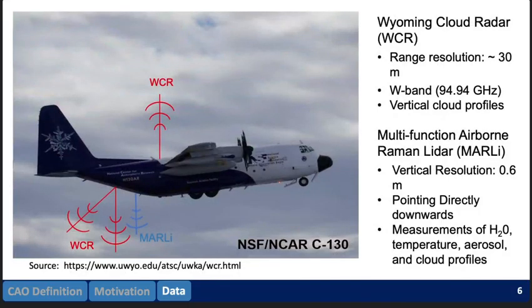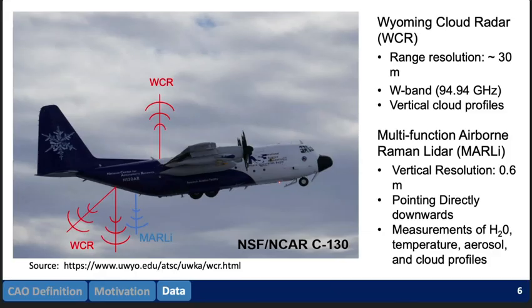My study focused first on the thermodynamics, instead of the microphysics. We look at the WCR, the Wyoming Cloud Radar, which is W-band, to see the vertical profile of the cloud structure. We also look at the lidar data, from MARLi, the Multi-function Airborne Raman Lidar.